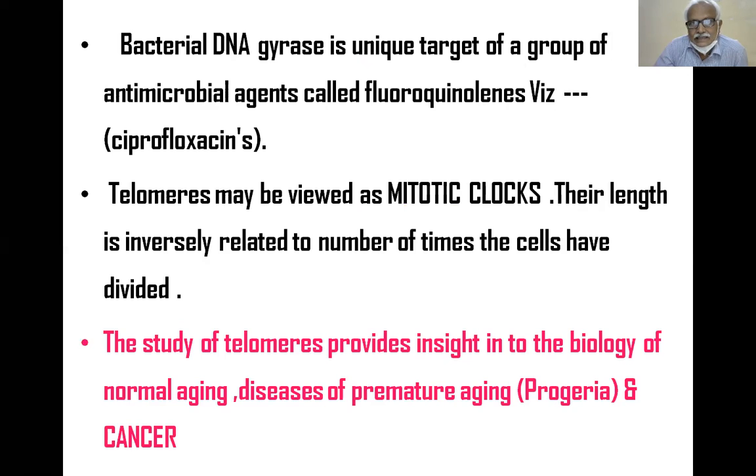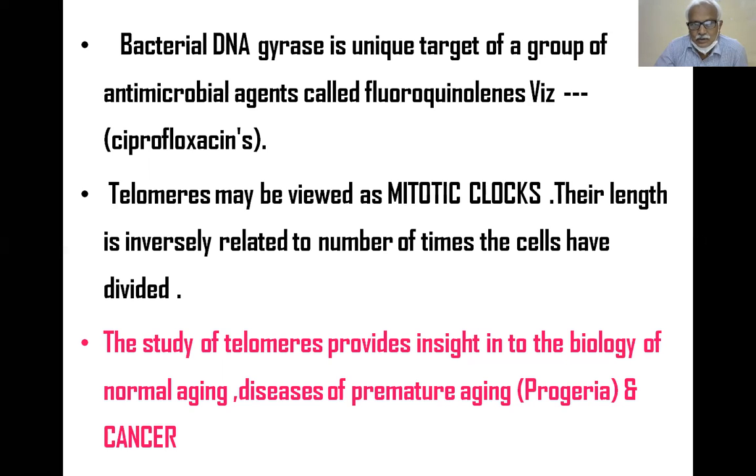Bacterial DNA gyrase is a unique target of a group of antimicrobial agents. They are called fluoroquinolones. Ciprofloxacin is one example. Telomeres are otherwise known as mitotic clocks. So their length is inversely related to the number of times the cell has divided. So if the length is short, the cell has divided a number of times.